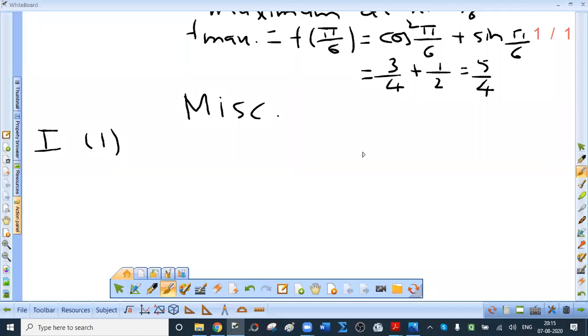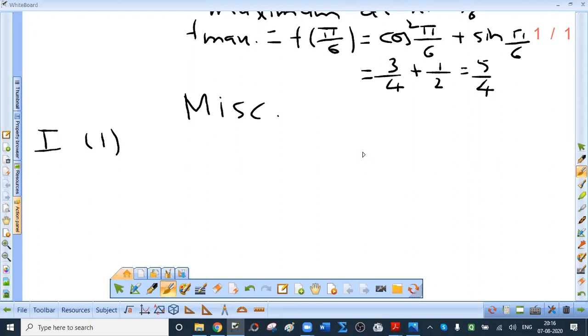Now we start solving multiple choice questions. The first one: if the function f of x equal to ax cube plus bx square plus 11x minus 6 satisfies conditions of Rolle's theorem in closed interval 1, 3 and f dash of 2 plus 1 upon root 3 equal to 0, then the values of a and b are.